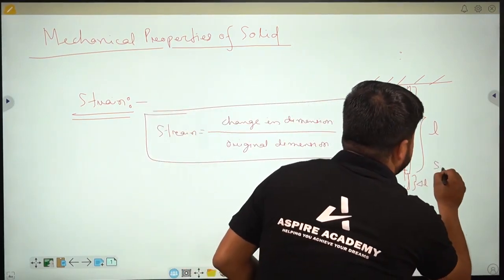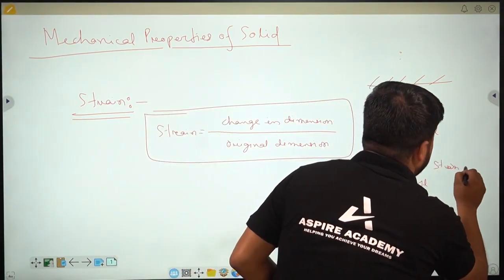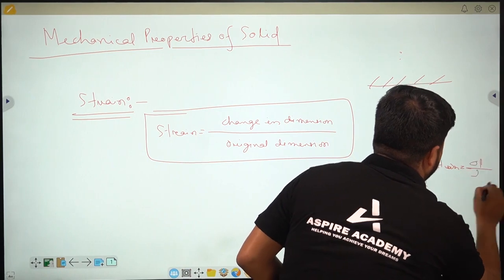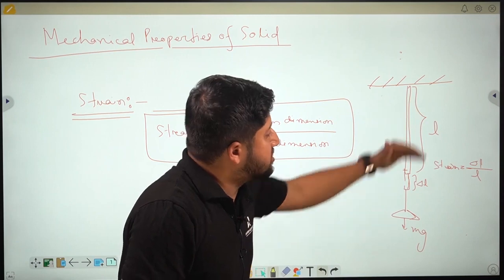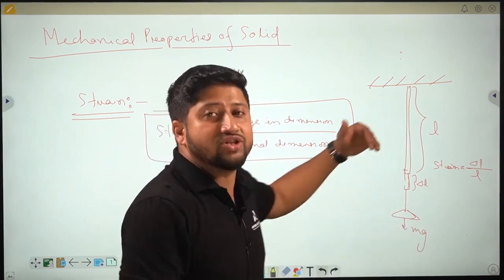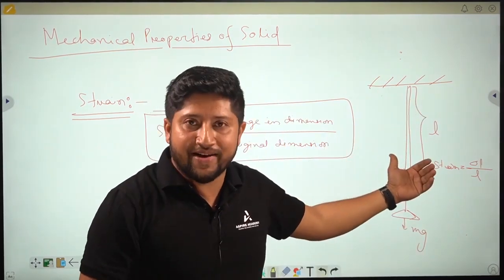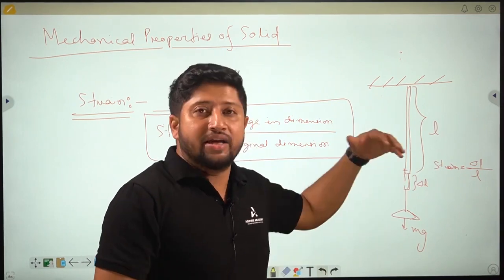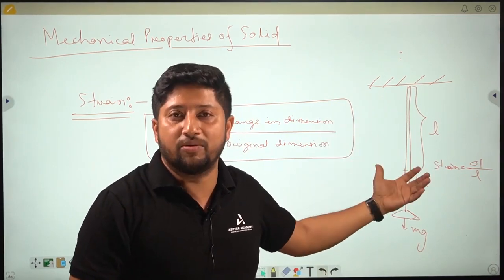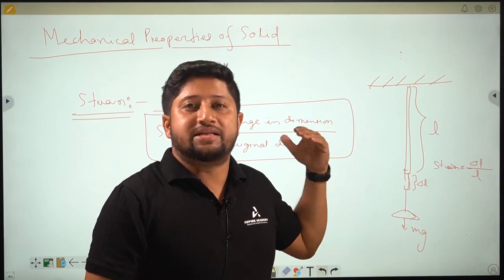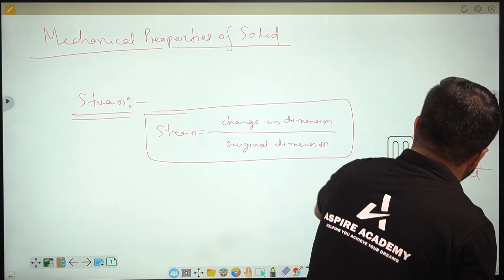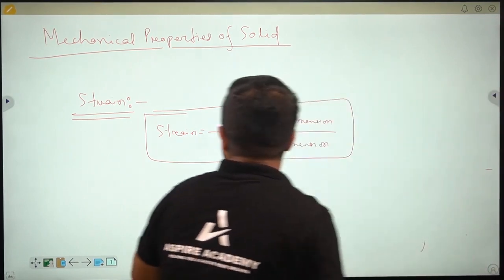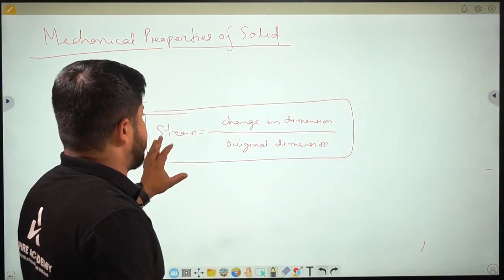In this case, strain is equal to del L by L. Means change in dimension to the original dimension is called strain. This is in case of the length. If we change the volume, the same strain is possible. So change in dimension to the original dimension is the strain.